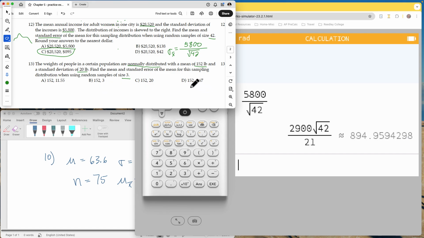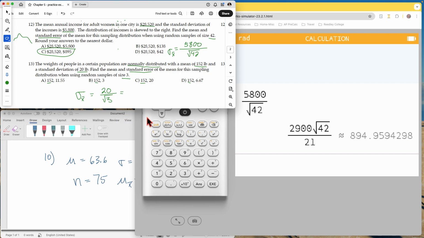Notice they give us the mean, which is always the mean. So sometimes if you look ahead, you go, wow, the mean has to stay the same, right? All we got to do is now find the standard deviation. Remember this, the standard deviation for the sampling, which is also called the standard error, is equal to the standard deviation from the population divided by the square root of n.